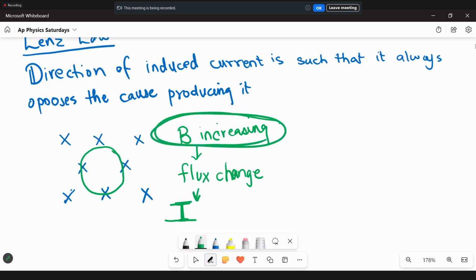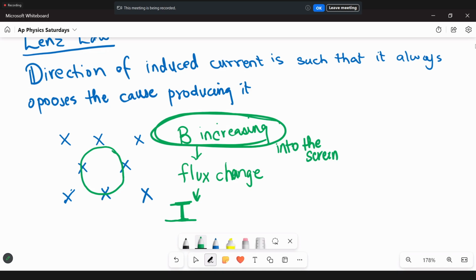The change in magnetic field, right? And the change in magnetic field is such that it is increasing into the board. I will write here, into the screen. So the magnetic field is increasing into the screen.